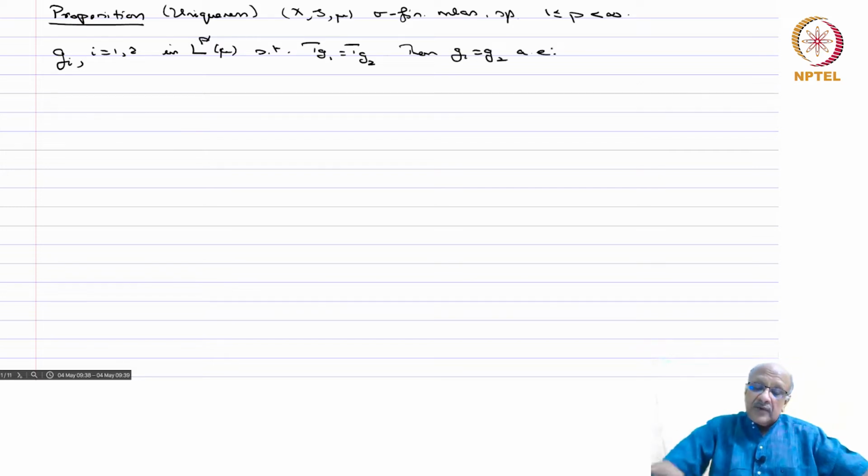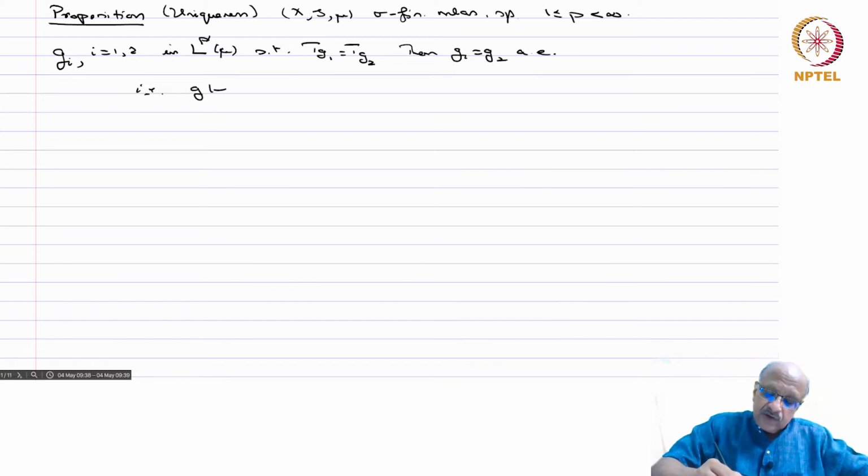So in other words, the map g going to T_g is injective, a one-one map. So let us prove this theorem.